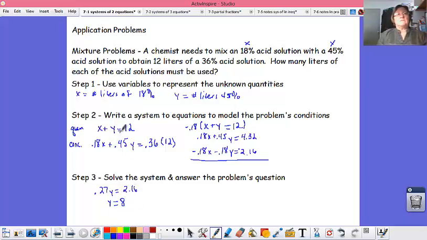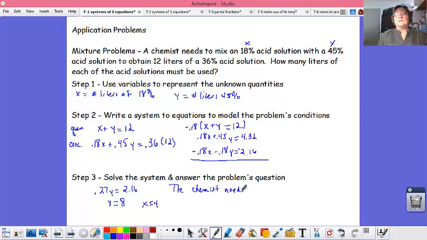Once we know y, then we can go back to the original equation and find x. In this case, x and y have to equal 12, so x must be 4. And we're going to answer this question by saying the chemist needs, right? We should always answer a question with a sentence.